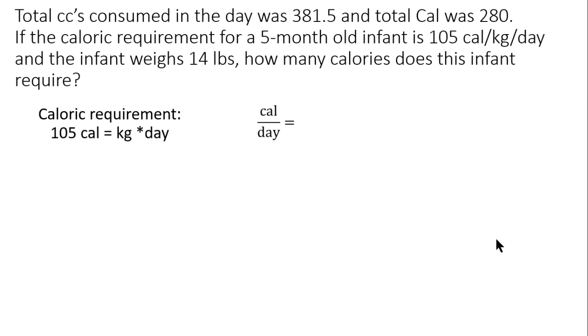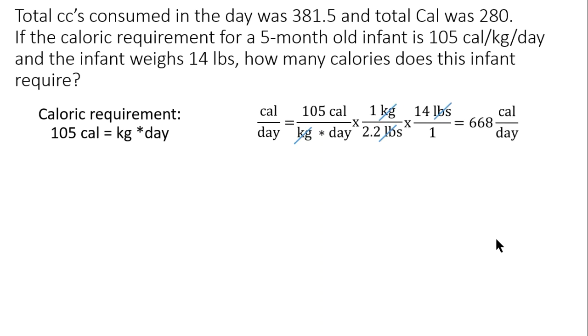So we put calories on top, 105 calories per kilogram per day, times, we have the weight in pounds, so we put the conversion factor, 1 kilogram over 2.2 pounds, times the weight of the baby, which is 14 pounds over 1. When we cross out kilograms and pounds, we are left with only calories per day, which is what we want. So 105 times 14 divided by 2.2 gives us 668 calories per day.